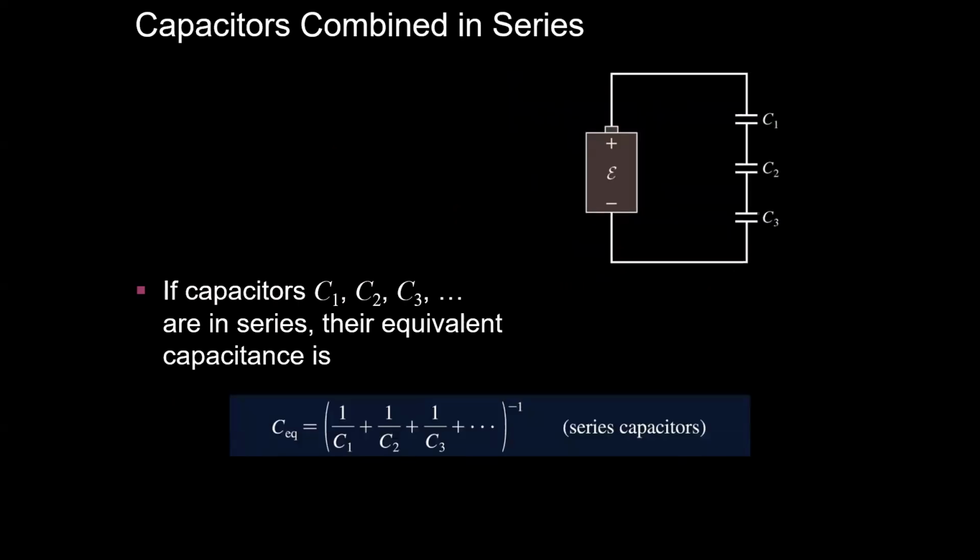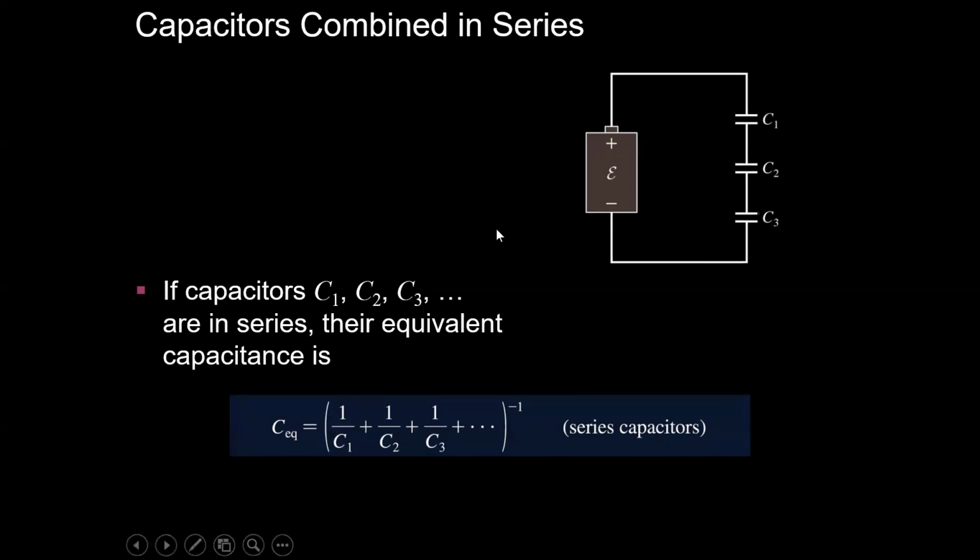And so the equivalent capacitance for N capacitors wired in series is this formula, which we could rewrite by getting rid of the -1 exponent and just writing on the left-hand side 1 over C equivalent. Those are the two formulas that you'll be using a lot when we're talking about how to analyze a circuit when you have capacitors in more than one arrangement.